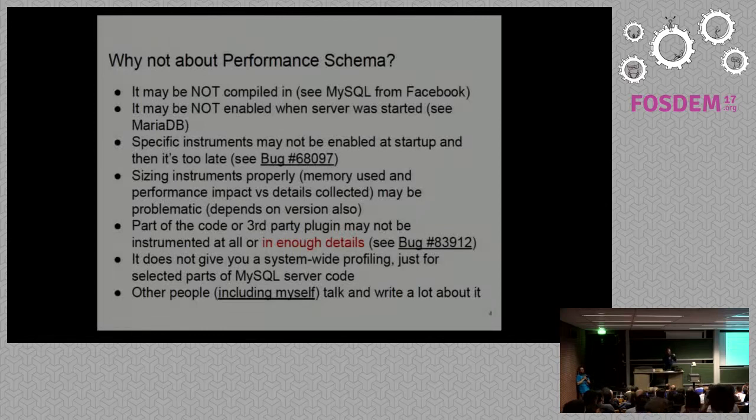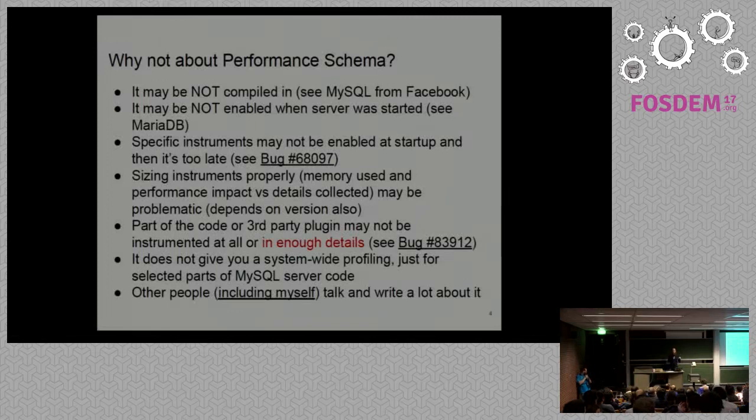You may find out that the instrument you need for your specific load was not enabled initially, and then you still need a restart. Another problem with performance schema is that it stores data in memory, in circular buffers. The size of these buffers is predetermined at startup, at least in GA versions of MySQL. So if it was too small, you will find out too late, and again you have to restart. So performance schema data may not be there.